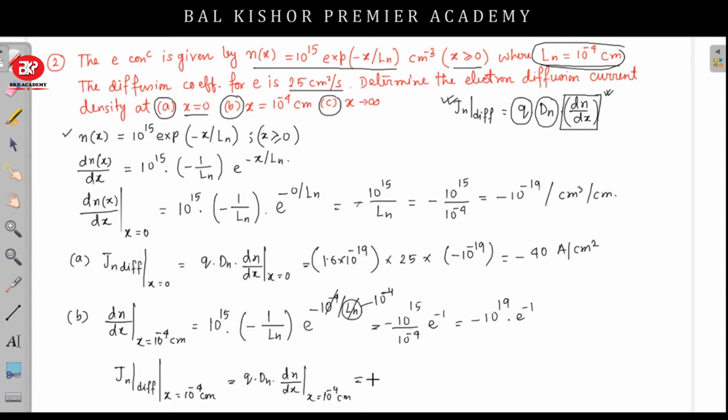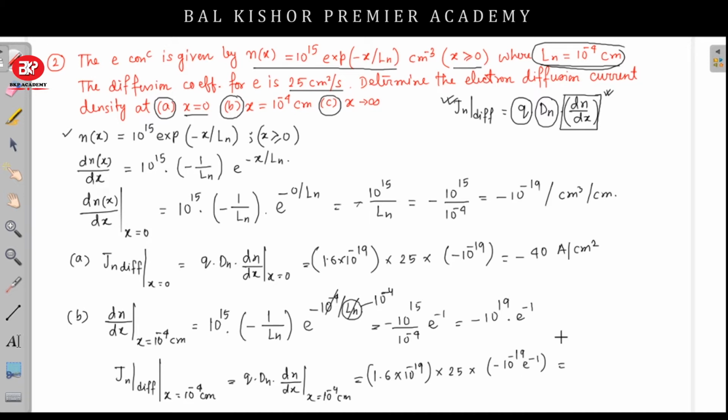So for that case, if I put the value, that is 1.6 into 10 to the power minus 19 into Dn value is given 25, and the concentration gradient we have found is 10 to the power minus 19 minus sign e to the power minus 1.